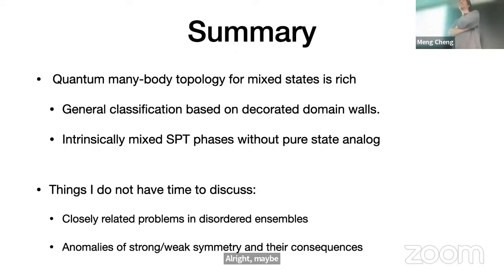Can I ask, should I think of this classification as a conjecture, or have you proven that it's complete? Even with this condition of invertibility? Let's say it's a conjecture for now. It's not at the same status as the classification of 1D SPT.